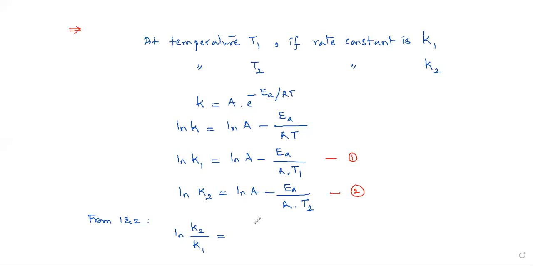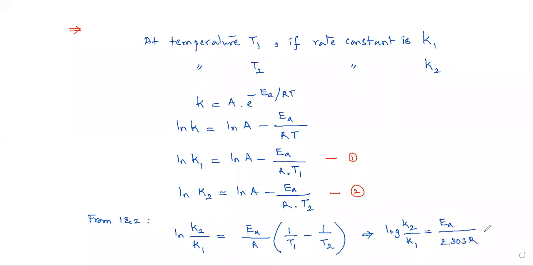Log K2 by K1 is equal to Ea by R into 1 by T1 minus 1 by T2, or can also be written as log K2 by K1 is equal to Ea by 2.303 R into T2 minus T1 by T1 T2. Okay, that's it.